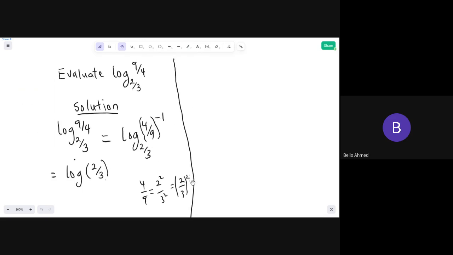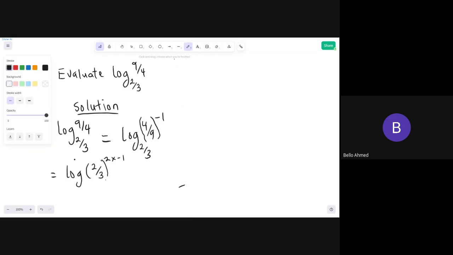That is going to be 2 times negative 1, because the negative 1 was already outside before. So don't forget that. Having done that, let us not forget to write our base. Very important: the base still remains 2 over 3.